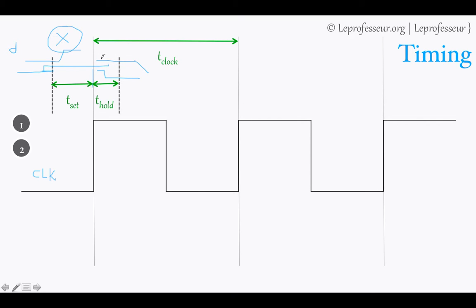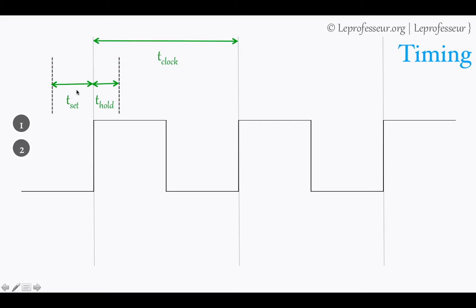So it should have some margin, let me put it in a simple way, some margin before and after the rising edge of the clock on which you are trying to base your timing equation. In simple words, some timing margin associated with each flop. All right, so that's setup and hold time.